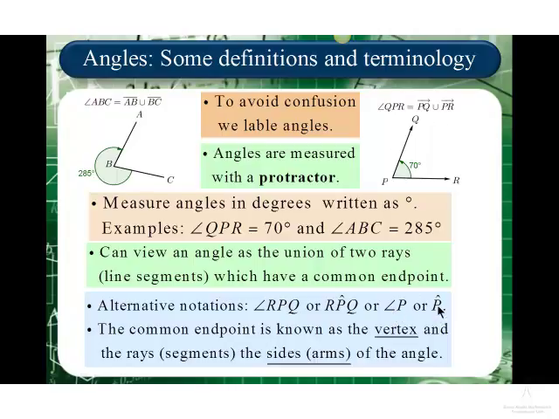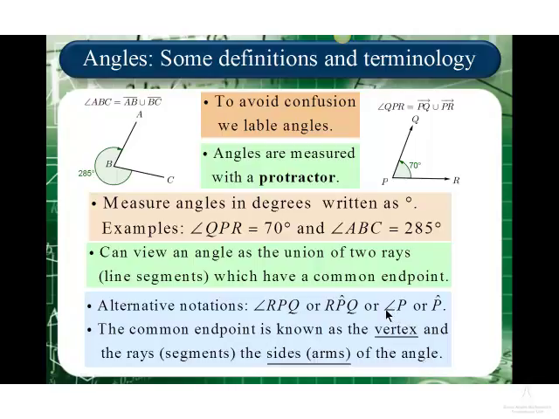Or we can write P hat, which means this is the angle which resides at this particular point P. The common endpoint is known in general as the vertex of the angle, and either the rays or the segments, the sides or arms respectively of the angle.